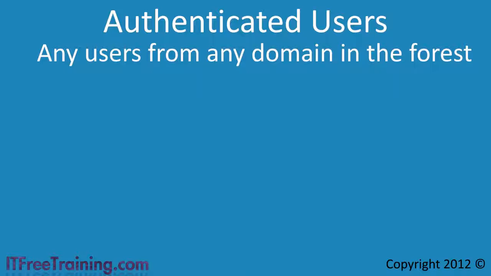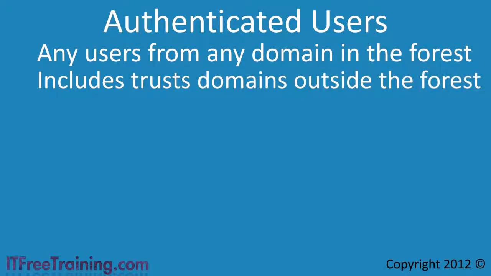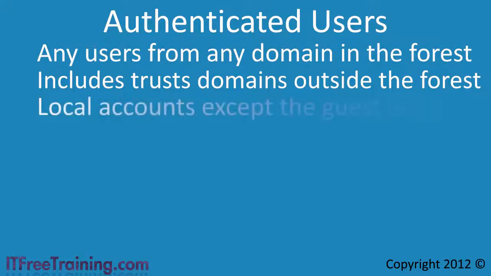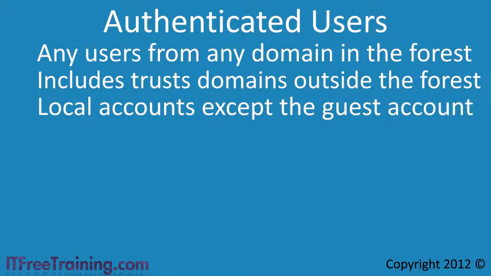If you have any external domains, that is, connected via a trust, users from these domains are also included in the Authenticated Users special identity. The only authenticated user that this group does not include is the local guests on the computer. If you want to ensure that only users with a working user account have access to a resource, assign the resource the Authenticated Users permission.